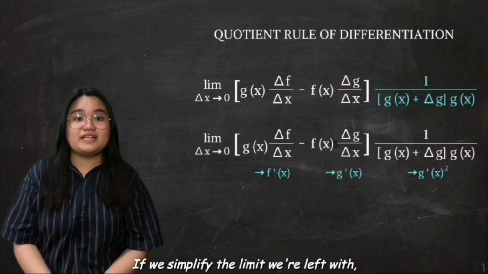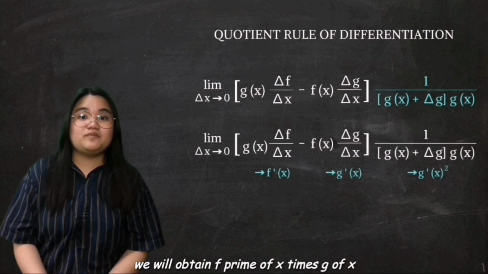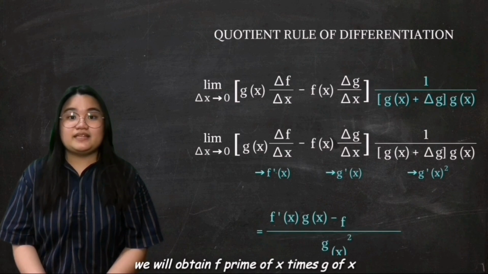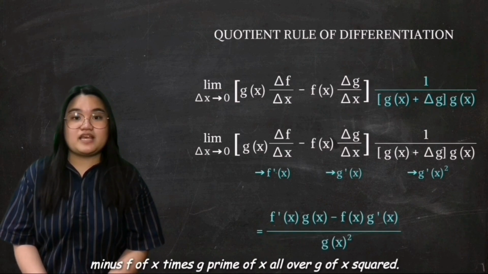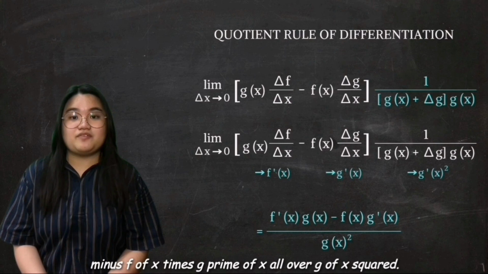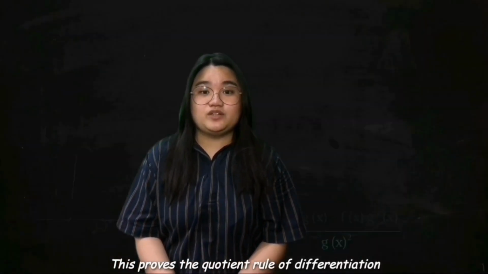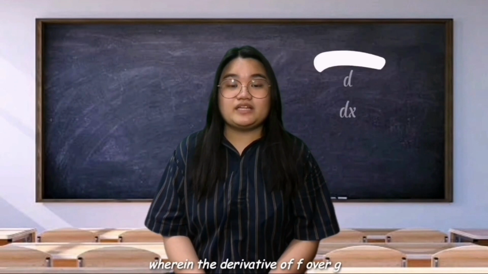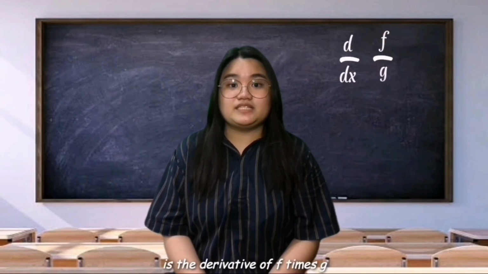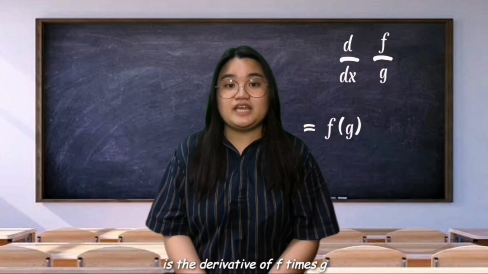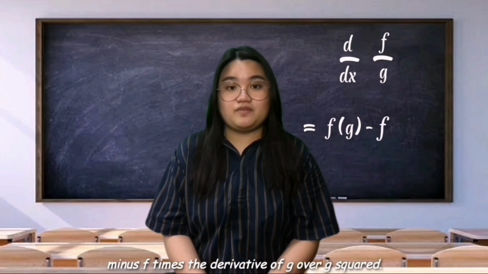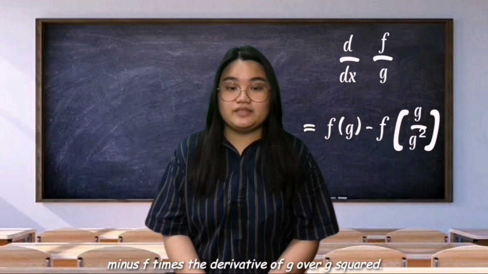If we simplify the limit we're left with, we will obtain f prime of x times g of x minus f of x times g prime of x all over g of x squared. This proves the quotient rule of differentiation, wherein the derivative of f over g is the derivative of f times g minus f times the derivative of g over g squared.